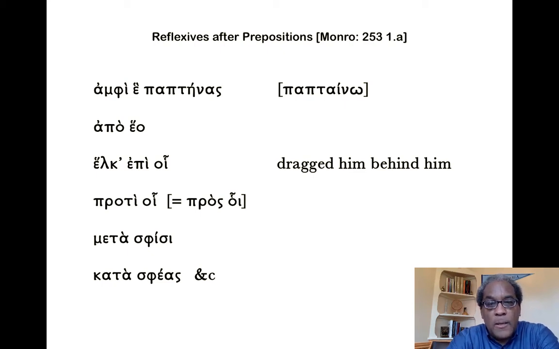Prot' hoi, prot' is an alternative Homeric form for pros, towards himself. Meta sphisin, I'm not sure what the meta with the dative means here. I couldn't find this actually in context. But kata sphe'as, we'll see the use of kata, meaning by or by themselves. So that's probably what it is here as well. But the important thing here is just that these reflexives often appear after prepositions.